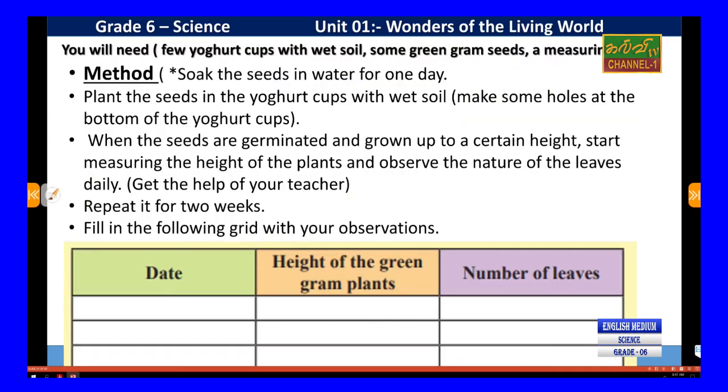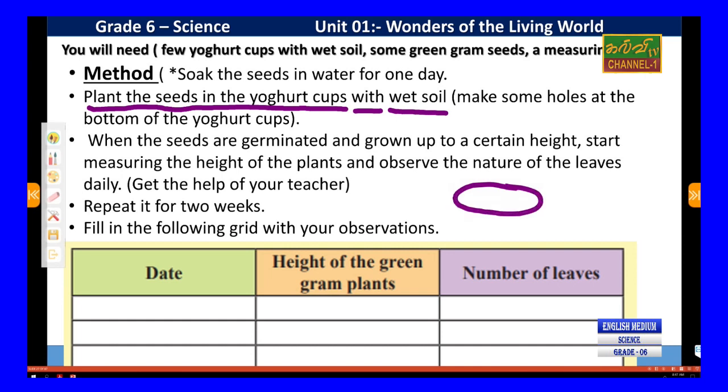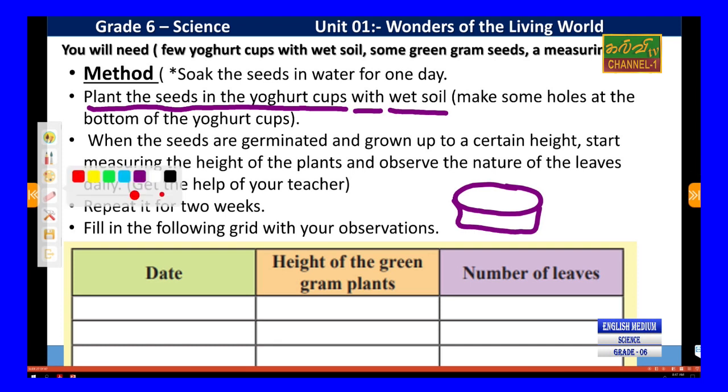You can observe this by using this experiment. What did they say in this experiment? Plant the seeds in the yogurt cup with wet soil. We already mentioned we have to take the yogurt cup and place wet soil and make holes.